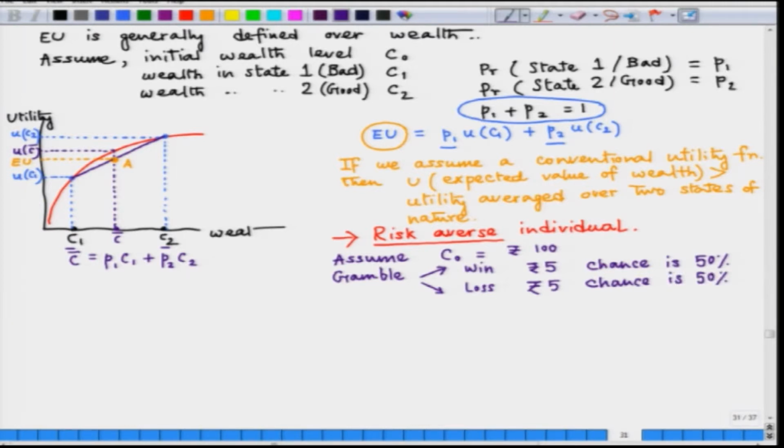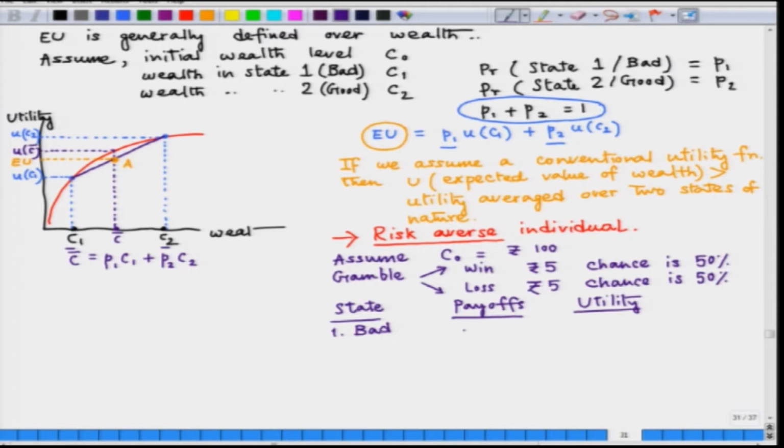So, now in this case there are two states of nature and the possible payoffs and the corresponding utility. State 1 is a bad state as per our assumption.